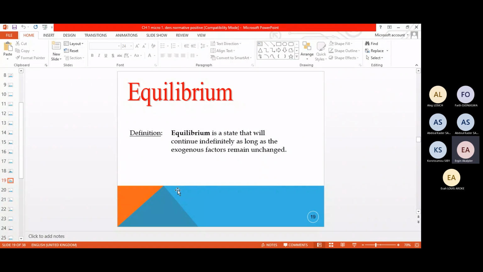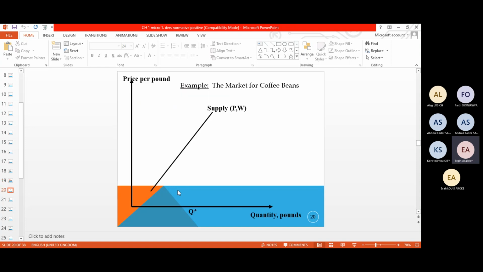For the equilibrium analysis, when we analyze any given scenario, we use the table, and we use the graphic, sorry, for analyzing the given scenario or models. The equilibrium, as a definition, is a state that will continue indefinitely as long as the exogenous factors remain unchanged.